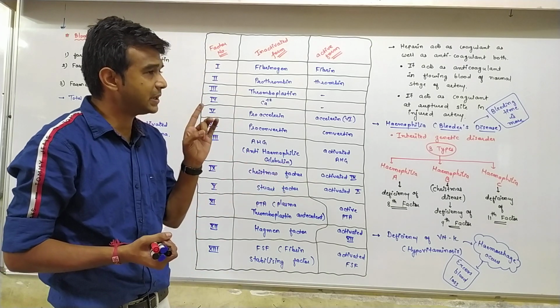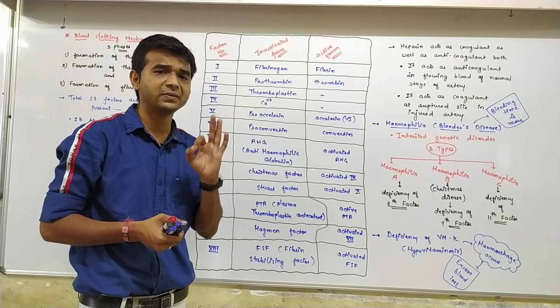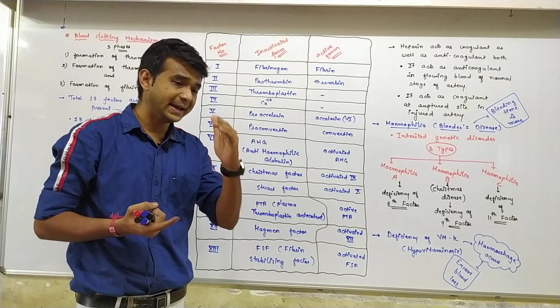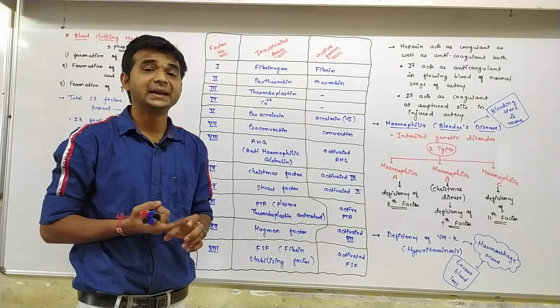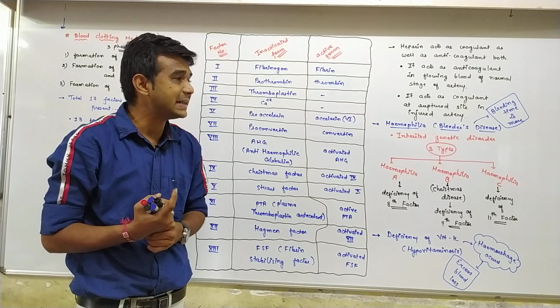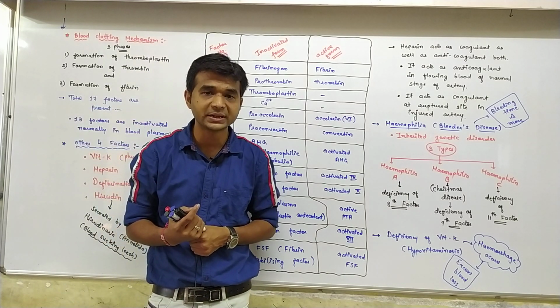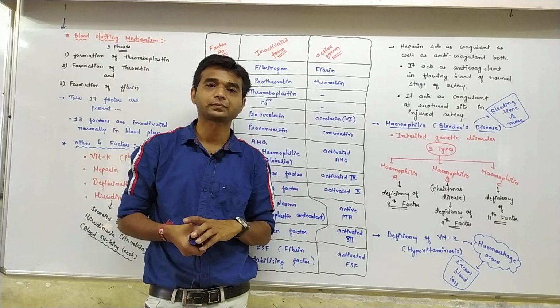Deficiency of vitamin K: if the person has less amount of vitamin K in the blood, excessive blood loss is there, and that causes hemorrhage. So hemorrhage is caused by hypovitaminosis, hypo meaning below the normal level.